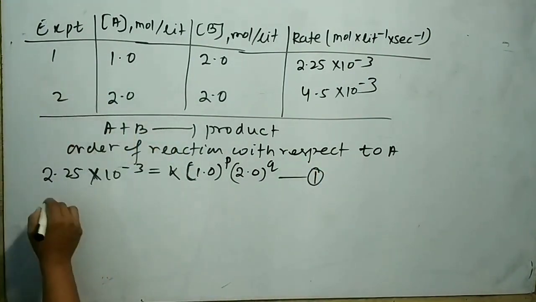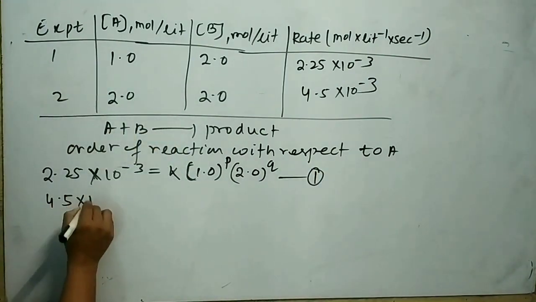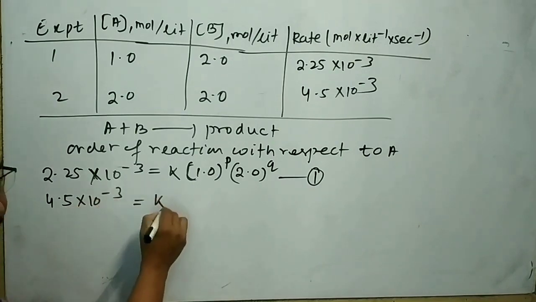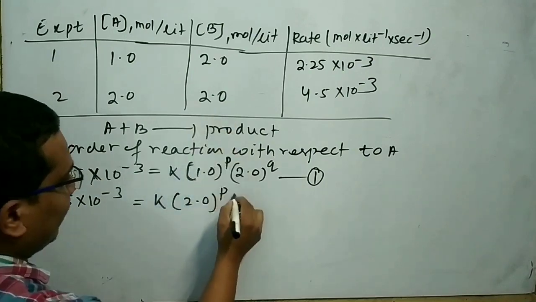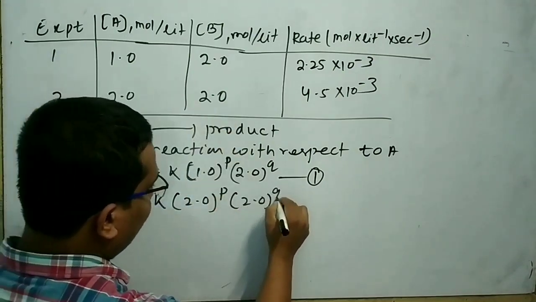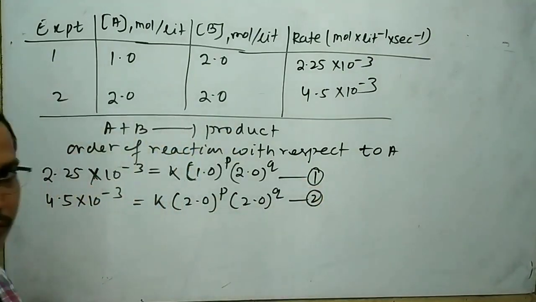Similarly I can write 4.5 into 10 to the minus 3 equal to K into 2.0 power P into 2.0 power Q. This is equation number 2.